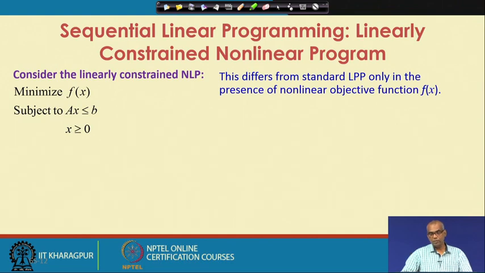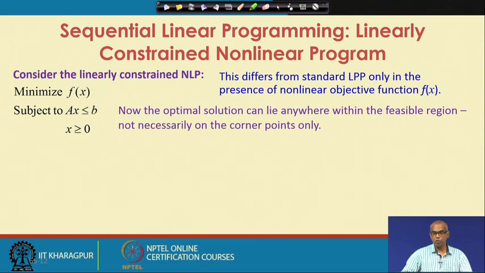Note that this differs from standard linear programming problem only in the presence of nonlinear objective function f(x). So, if the objective function f(x) is linear, this will be same as the linear programming problem that we have seen in previous lectures. But a linearly constrained nonlinear programming problem differs from standard linear programming problem only in the presence of nonlinear objective function.